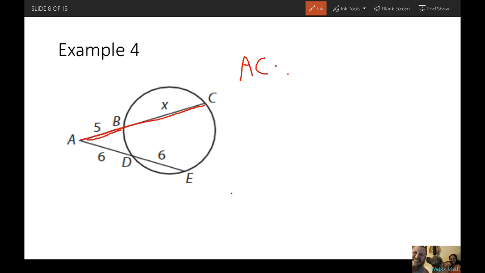AB. And we're going to set that equal to the other guy. So the other secant line is going to be AE times his external line, which is AD.